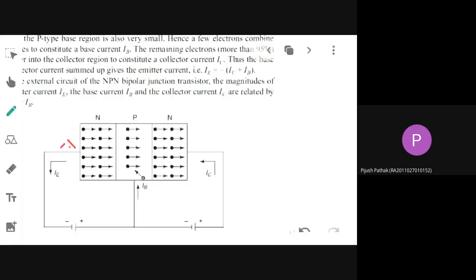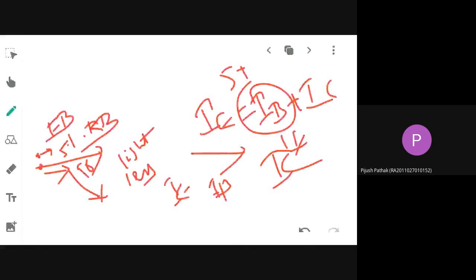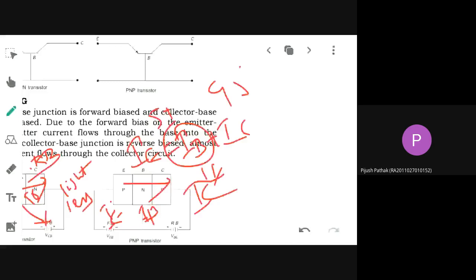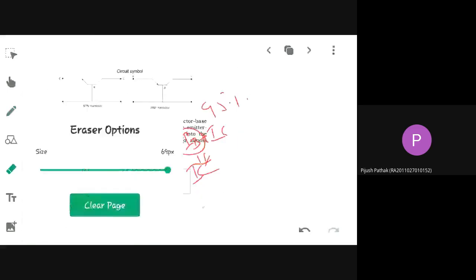IC. 95% of the emitter current will be equal to the collector current, and only 5% will contribute to the base current, IB. Okay, so that is all about the operation of NPN and PNP transistor.